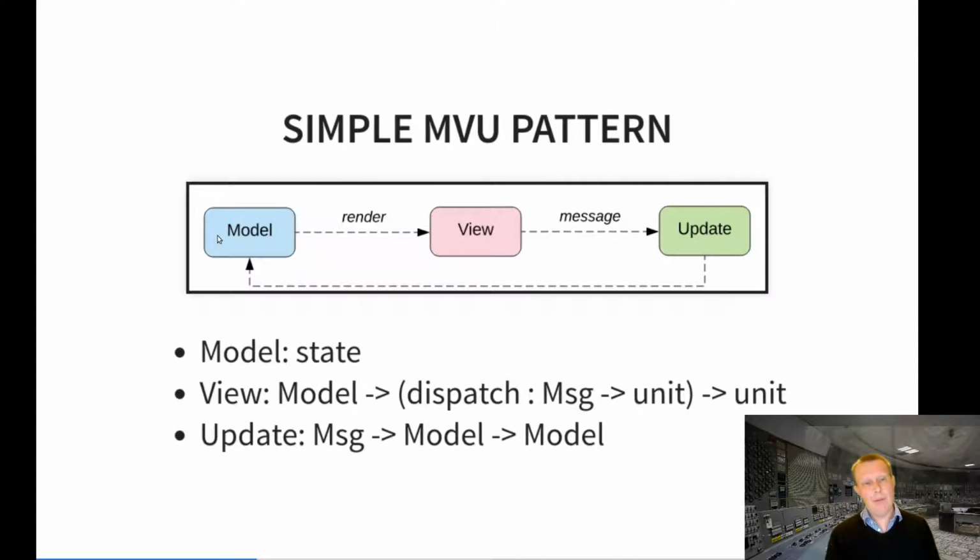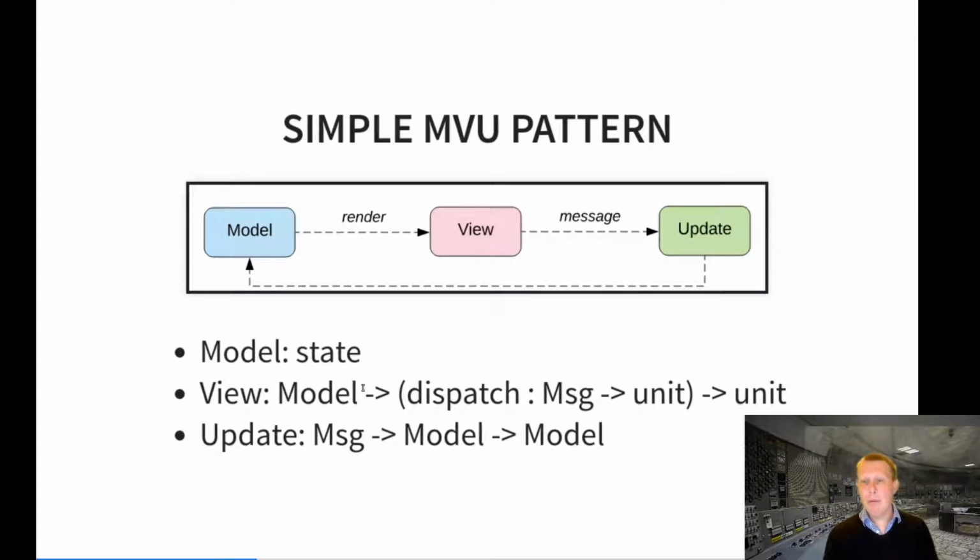Now, if you think about this, this is quite similar to what we looked at in the previous lecture with the mailbox processor, where we had this internal event loop which received the state, created a new state, and sent it back recursively. So this is sort of the same loop going on here.